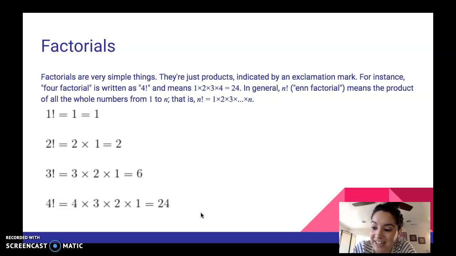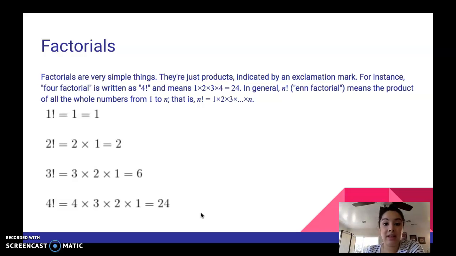From 1 to 2, 1 to n. So 2 times 1. We have 2 factorial equals 2. When we look at 3, it's the same thing. Our n is 3, so from 1 to 3, 3 times 2 times 1, that equals 6. And so on and so forth.